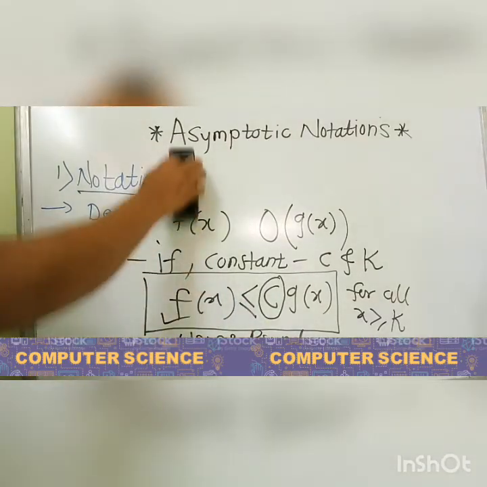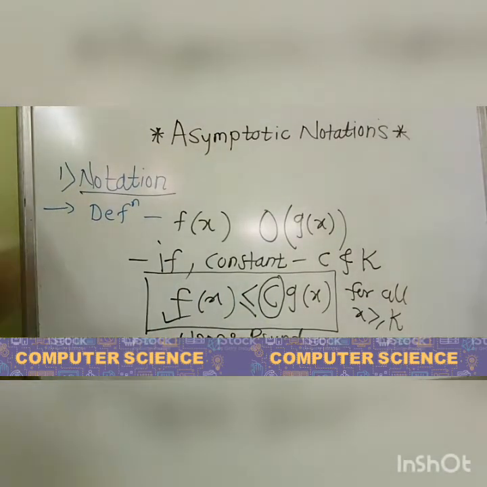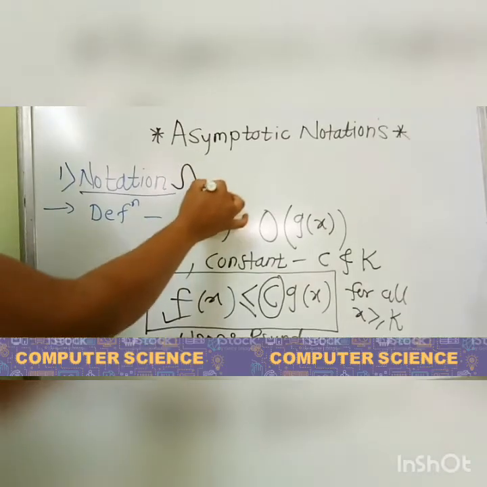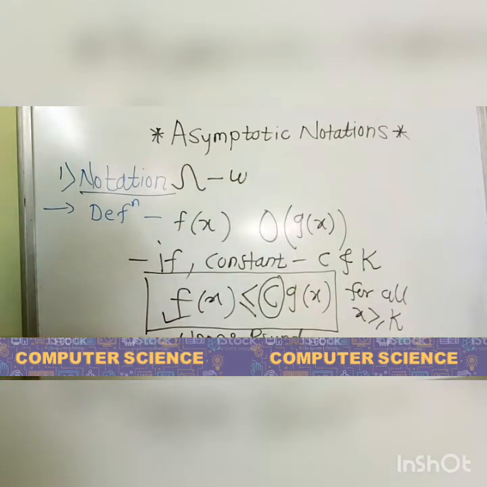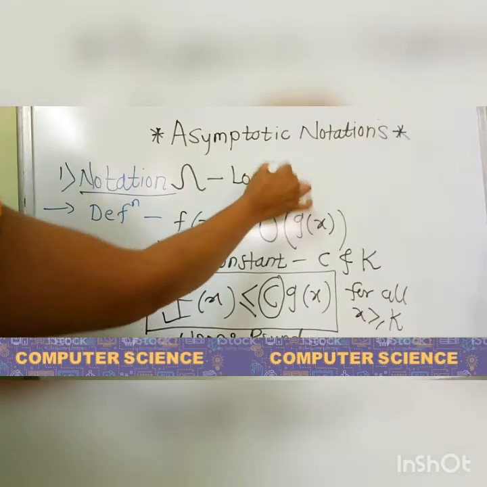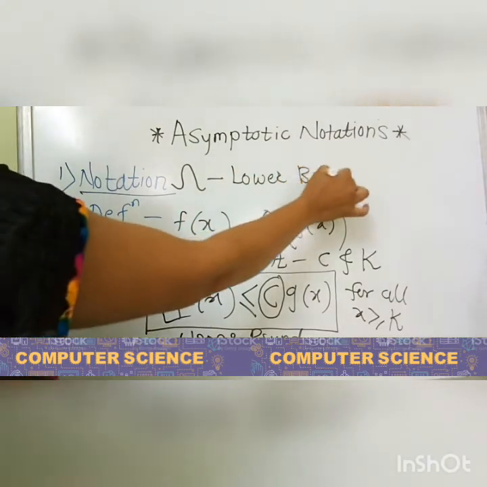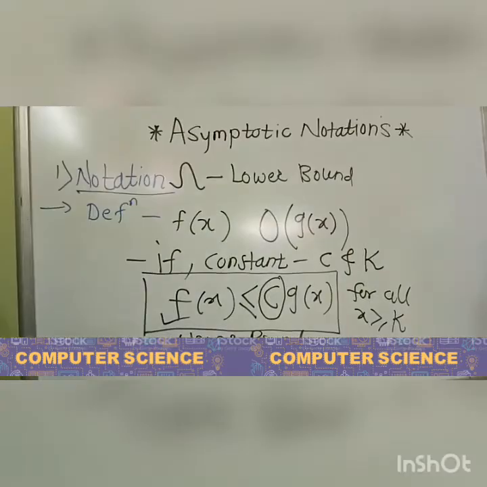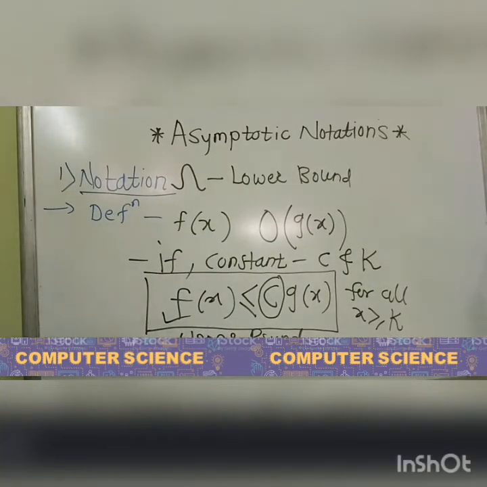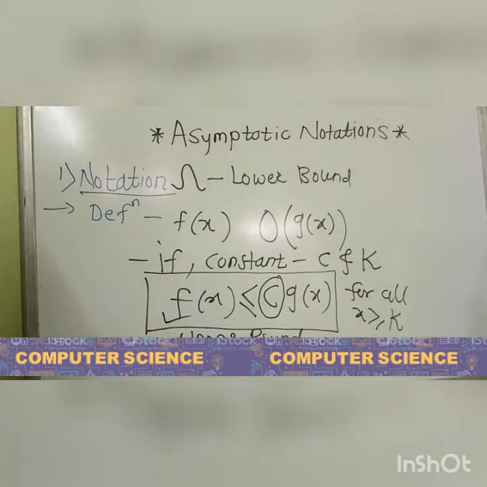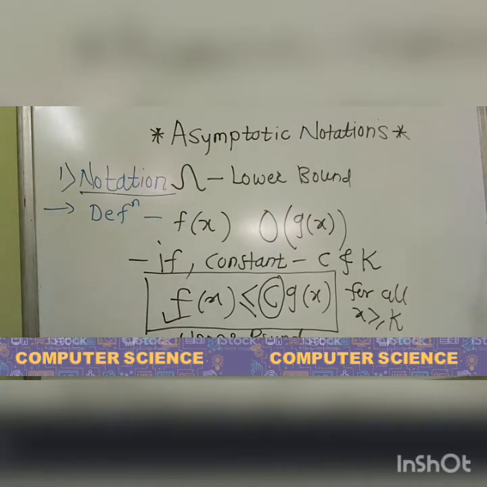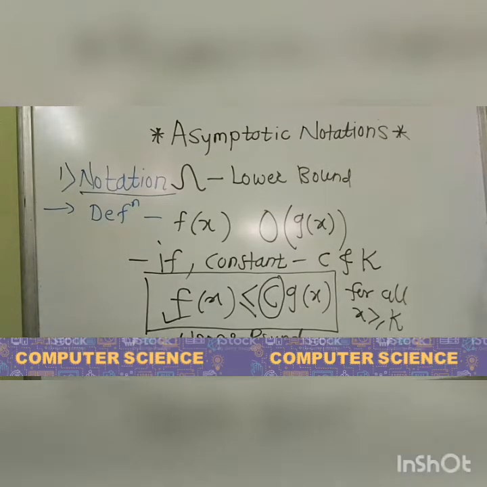Then the next notation is omega, and it will provide us the asymptotic lower bound. What is the definition behind the omega notation? This provides the asymptotic lower bound for a given function.